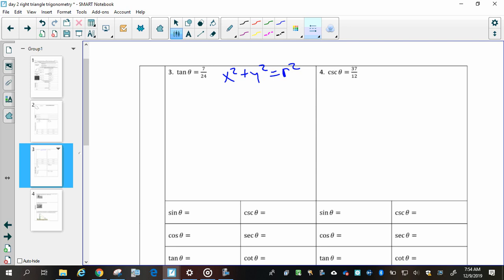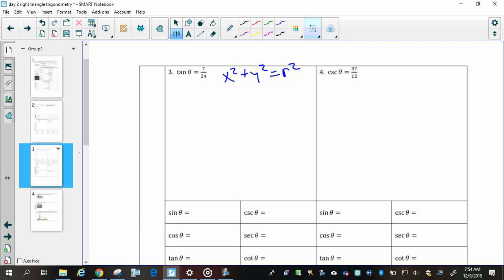Someone in third period asked, could we still just draw a triangle with that as our theta and still do opposite over adjacent? Yes, you could, but the goal here is to get you away from doing that so that you remember those x, r, y definitions. You could do that, but you're hindering yourself.